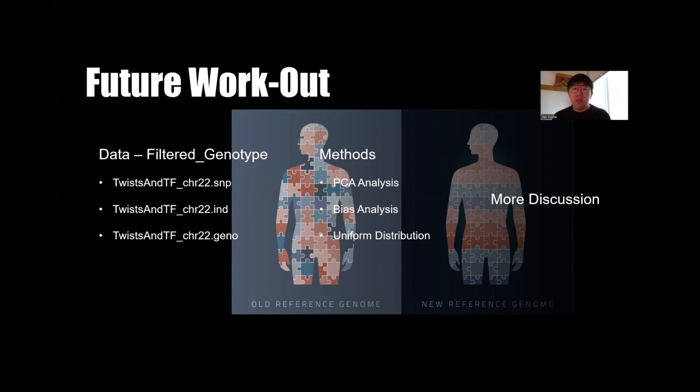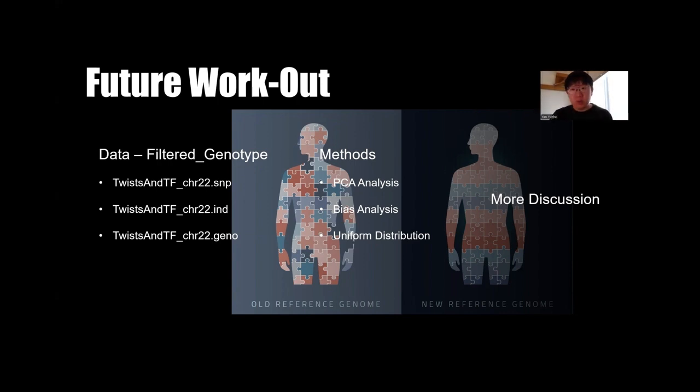I filtered genotype, so I'm preparing to use a uniform distribution to analyze those 3 subset data sets. And as I mentioned before, I'm planning to implement more variables, so I need to figure out which variables are really useful and which are useless. I will use PCA to reduce the dimension and remove useless variables in the future, and also do bias analysis: if it has a bias relationship with some variables, how should I deal with it?